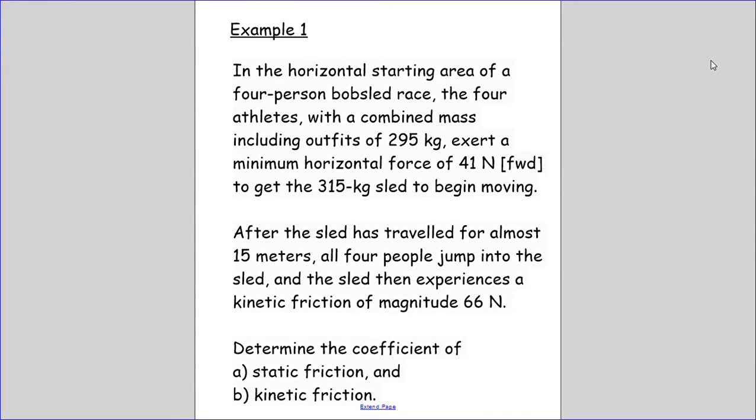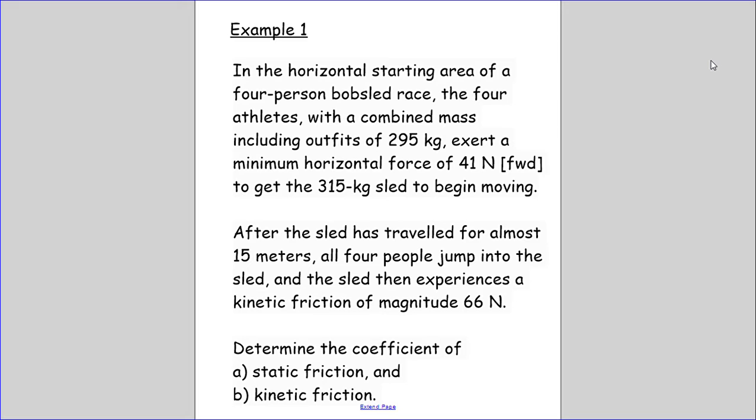So I have an example that we'll take a look at and work through the solution for. In example 1, in the horizontal starting area of a 4-person bobsled race, the 4 athletes with a combined mass, including their outfits, of 295 kilograms exert a minimum horizontal force of 41 newtons forward to get the 315 kilogram sled to start to move.